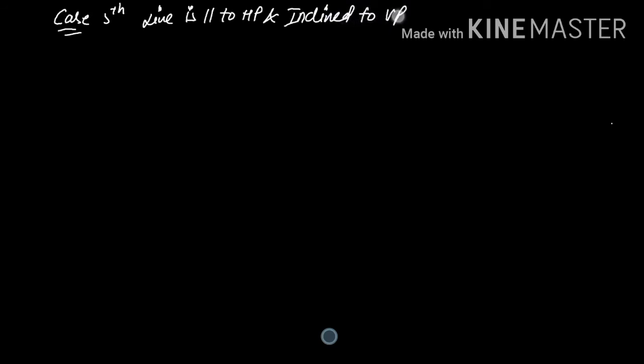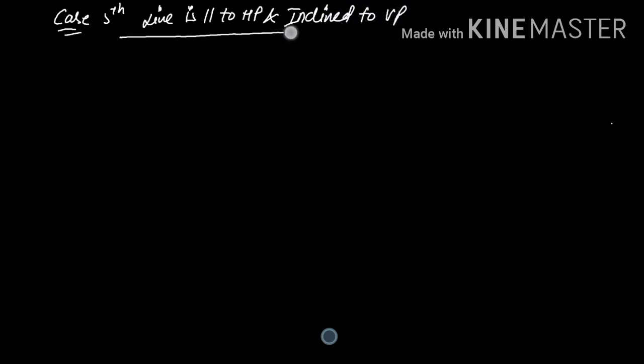Okay, next is the fifth case, when a line is parallel to HP and inclined to VP.